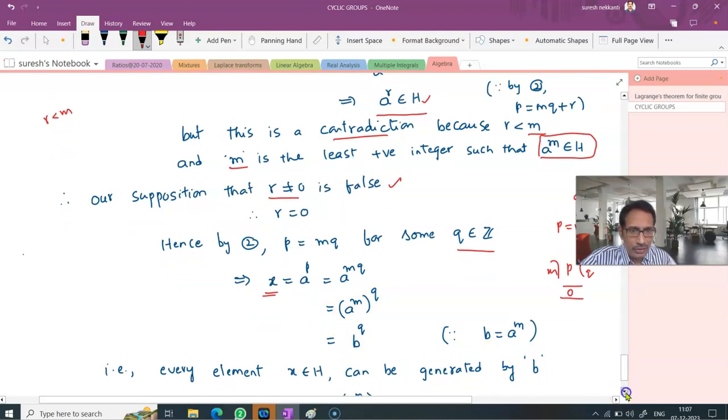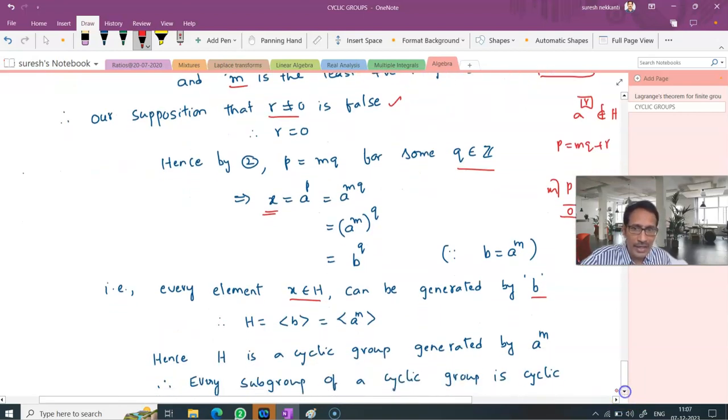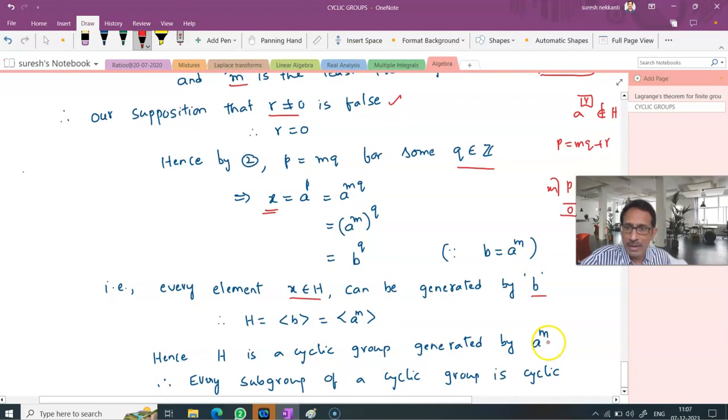It is B. Therefore, any element X in H can be generated by B. Therefore, H is generated by B, and hence H is a cyclic group generated by A power M. Therefore, every subgroup of a cyclic group is cyclic. Understand? Okay. Thank you.